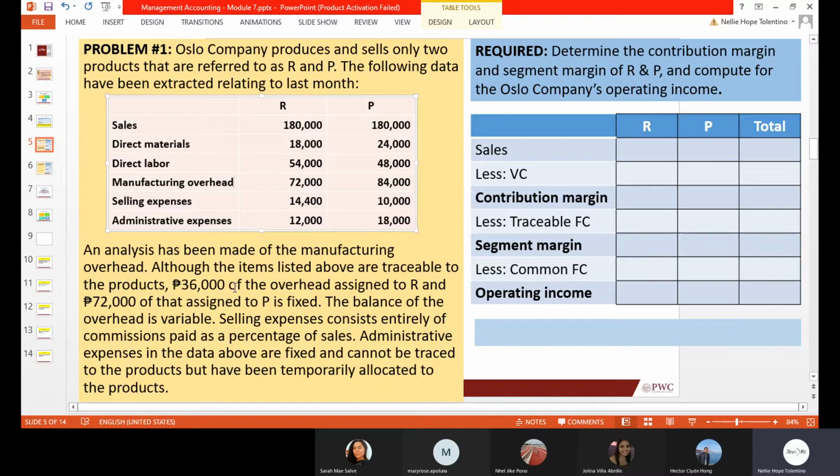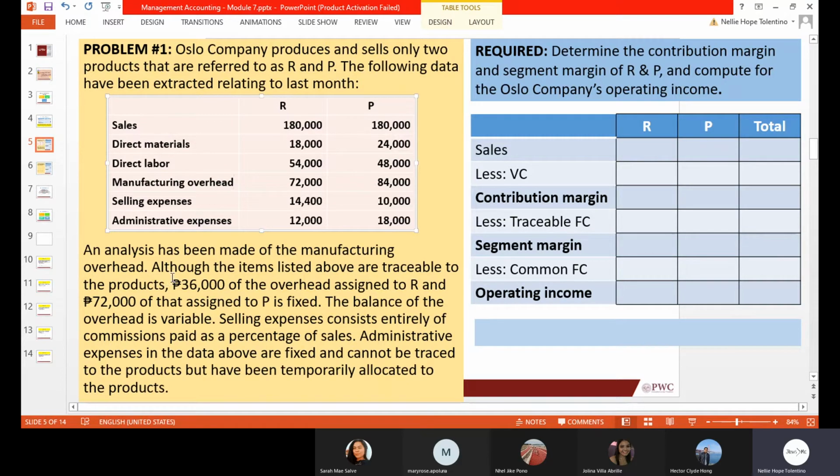So, sige. Although the items listed above are traceable to the products, 36,000 of the overhead assigned to R and 72,000 of that assigned to P is fixed. So magkano ba yung overhead ni R? Ang overhead ni R is 72,000.